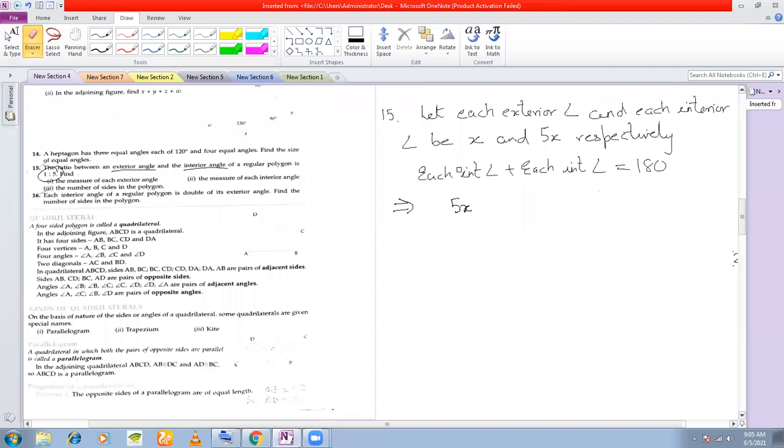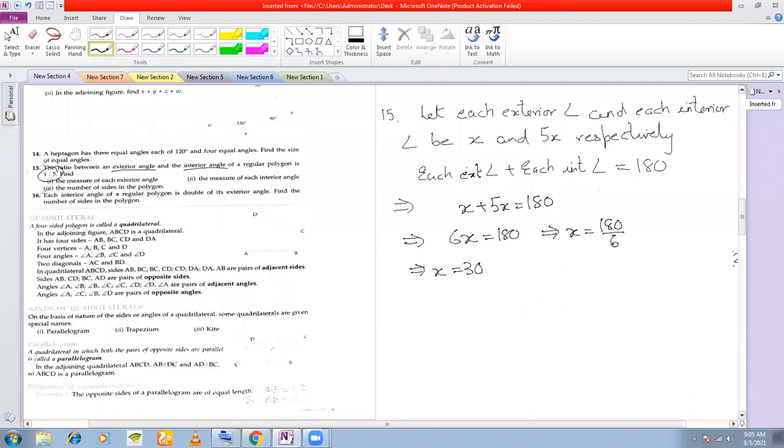So let me write this as exterior angle x and interior angle 5x, equal to 180. Now you can solve this equation. 6x is equal to 180. That means x is equal to 180 by 6. That means x must be equal to 30. Right? So you've got the value of x.